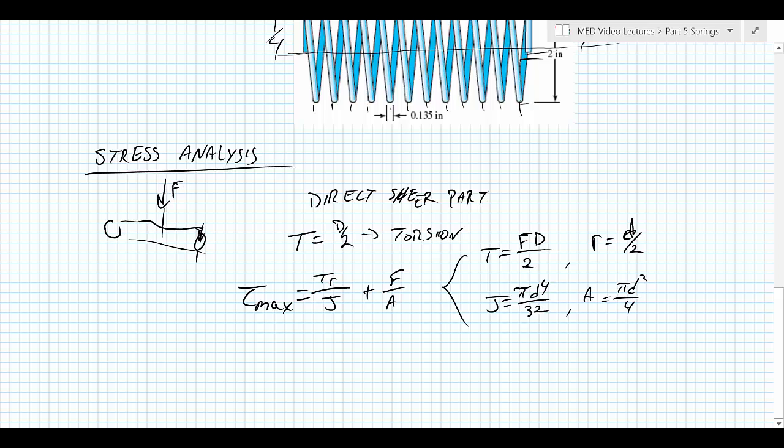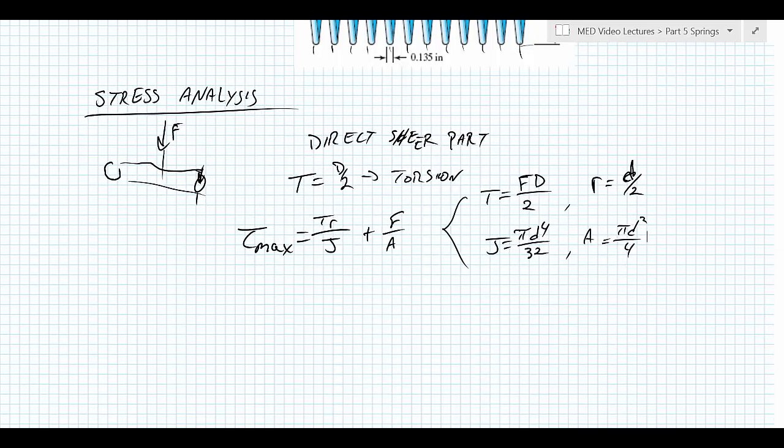Right. So if we take all the assumptions of a round wire, then we get this nice little formula of 8 times the force that we put on the thing times the mean coil diameter over pi d cubed, plus 4 times that force over pi d squared.